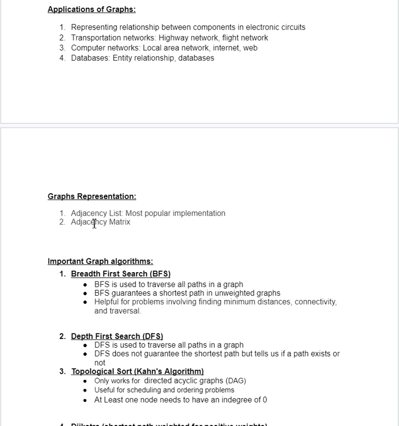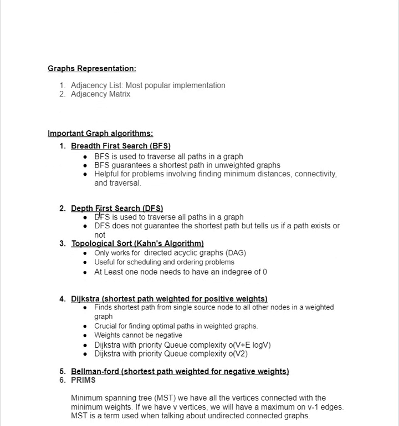There are some important graph algorithms one should know to be comfortable with graph related problems. The very first one is breadth first search, or BFS. If we want to traverse a graph, we can use BFS. BFS is used to traverse all paths in a graph.